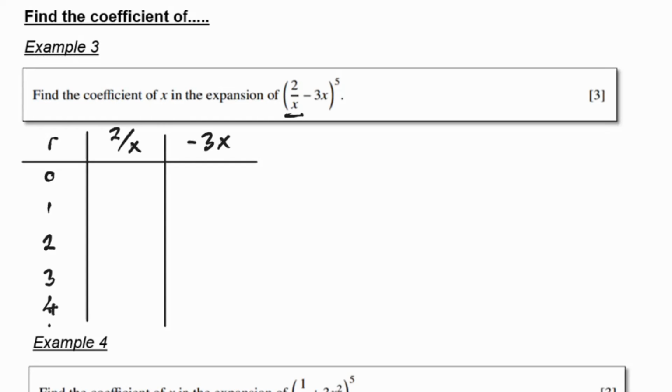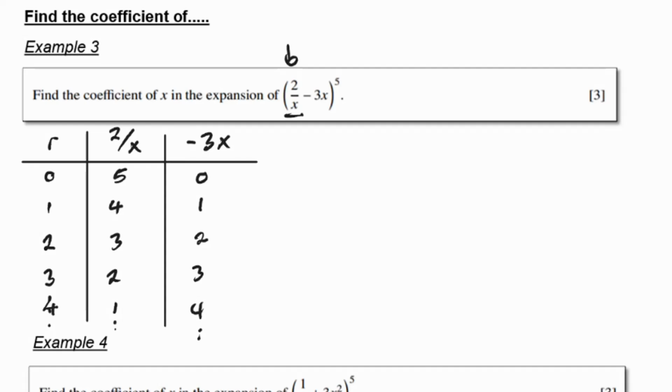All right, now the powers of the first term will start from 5 and they will decrease by 1 each time. So 5, 4, 3, 2, 1, and going down. The powers of negative 3x start from 0, then they increase 1, 2, 3, 4 as we go, all the way down. All right.